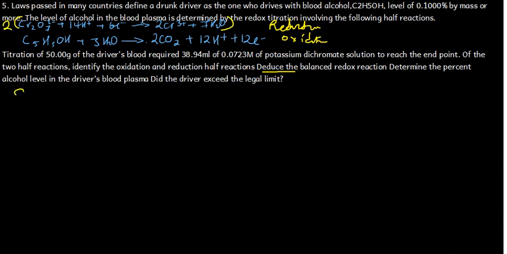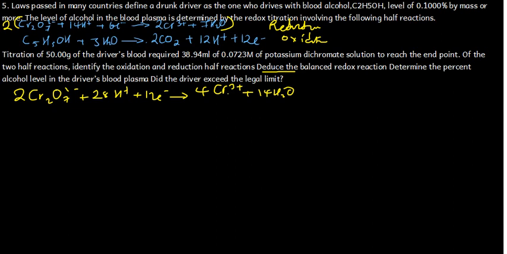And so we're going to have 2 Cr2O7 2 minus, plus 28 hydrogen ions, plus 12 electrons, to produce 4 Cr3 plus, plus 14 water molecules. The other one we will just write the way it is.